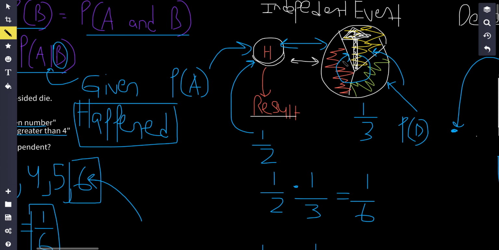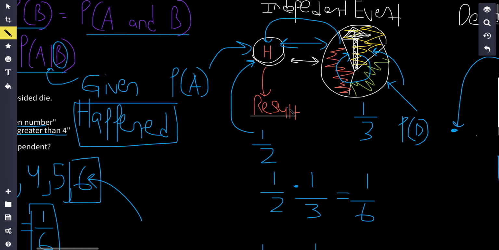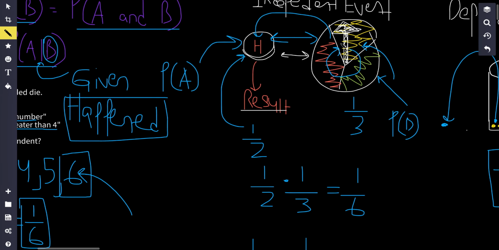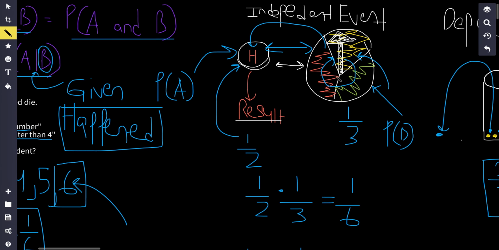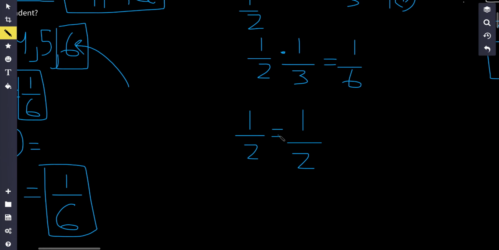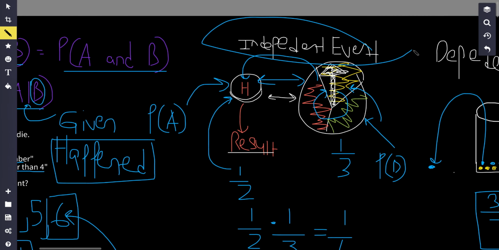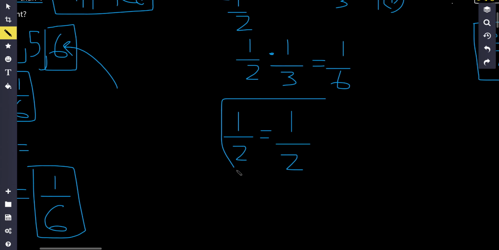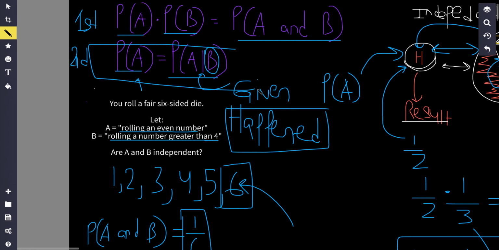So if I get yellow on the spinner, that doesn't affect the probability of me getting heads, right? If I'm given that one event occurred, that still does not affect the probability of the other event. So therefore, these two probabilities are equal to each other because they're independent events. Therefore, this formula remains true, right?